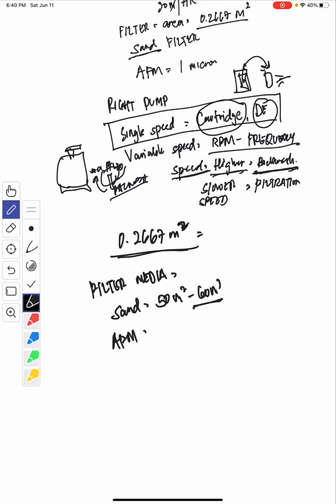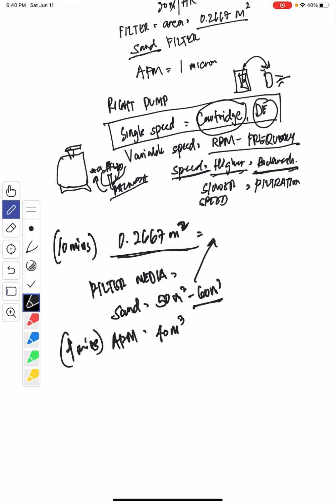Okay, so AFM is at around 40 meters cubic per hour. So let's say if you were using sand, the amount of water you would need for backwashing. Backwashing usually only lasts for 10 minutes. For AFM it's 4 minutes.